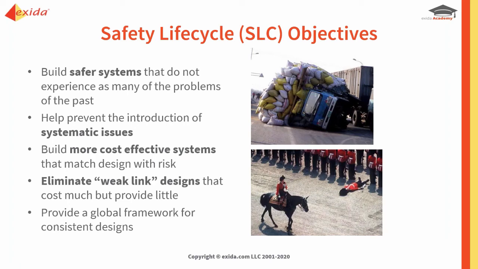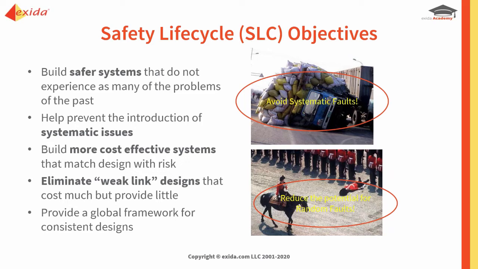And the objectives, of course, here is we're trying to avoid these systematic errors and systematic faults creeping in, and we're also trying to manage and reduce the potential for random faults that could cause equipment failures.